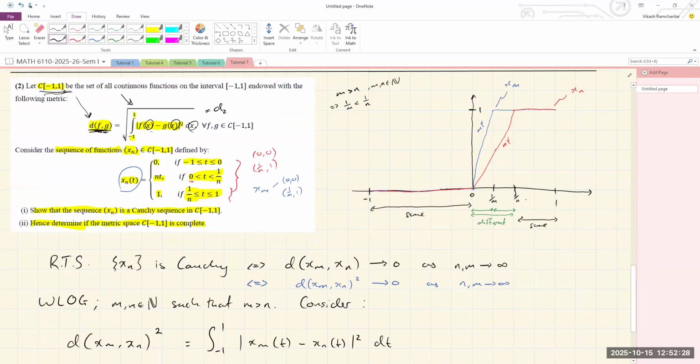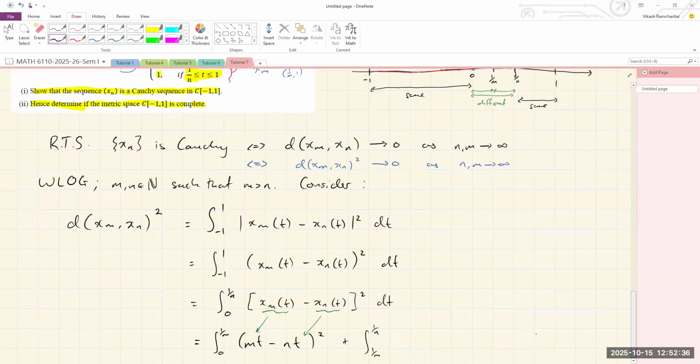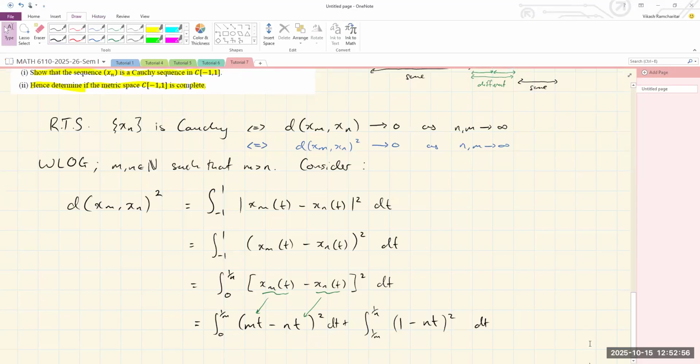So from 1 over m to 1 over n, the blue guy is 1, and the other guy, the red guy, is nt still. So this one is 1 minus, and the other guy is nt still. Right? Squared, dt. Okay, so now we just need to work out these things.